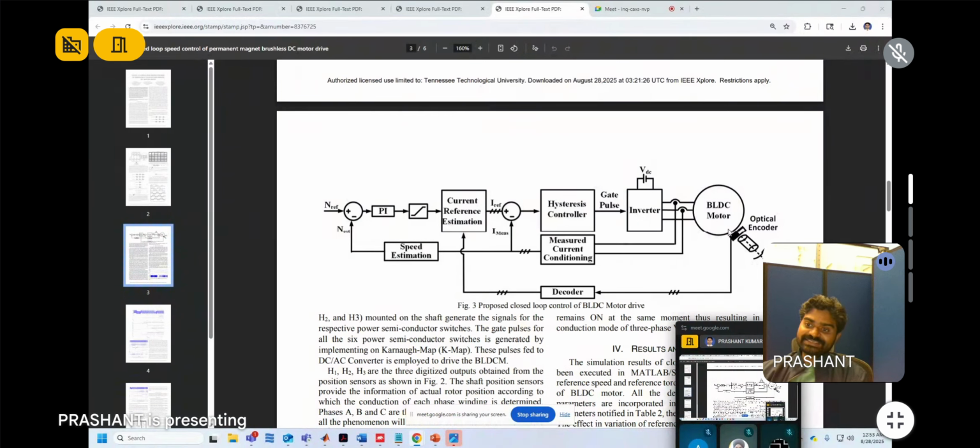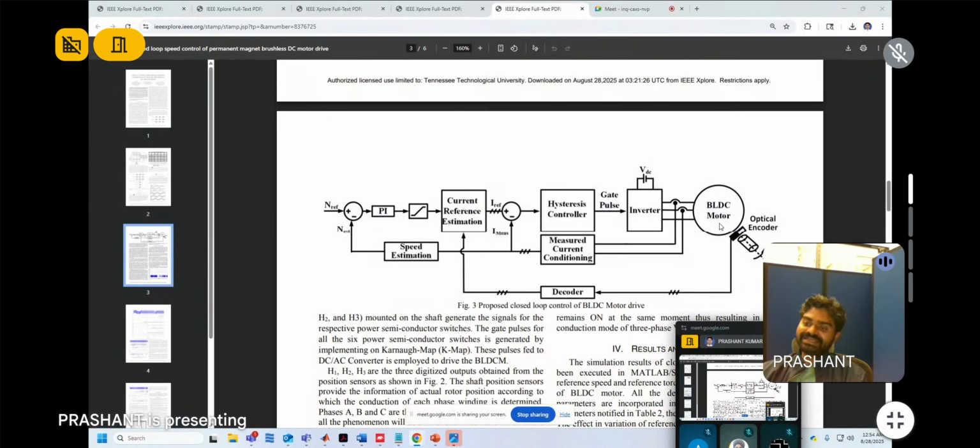To achieve the speed of any motor, we need some rotor information to be obtained from the motor speed. How to obtain the speed of the motor depends on the type of motor.